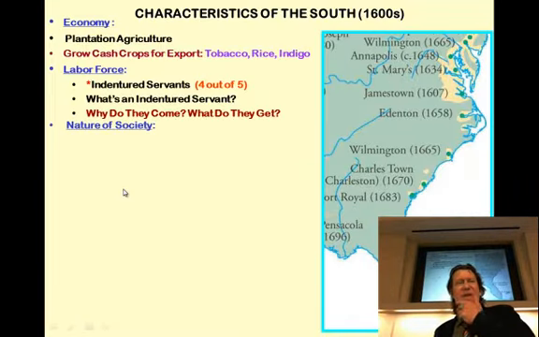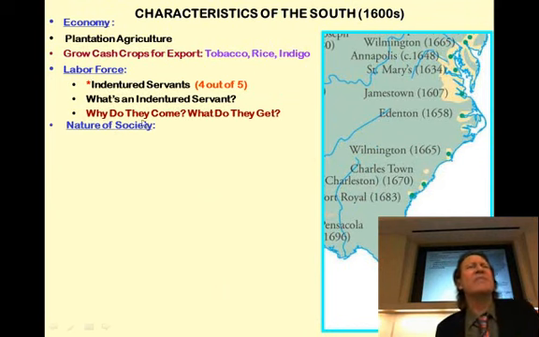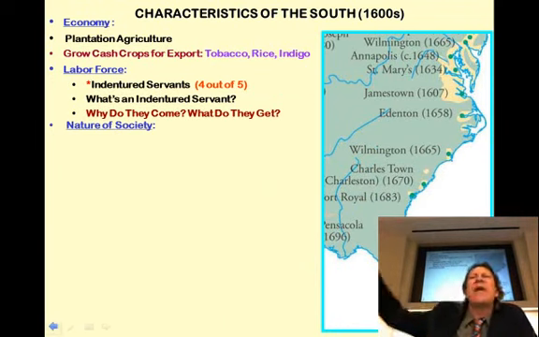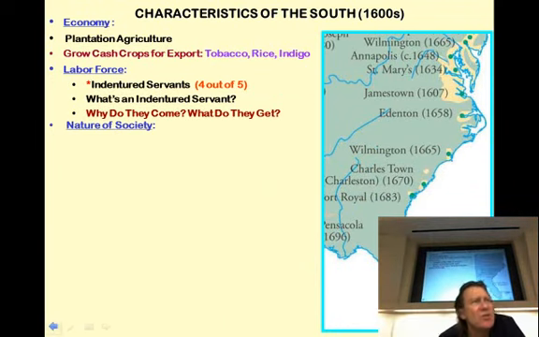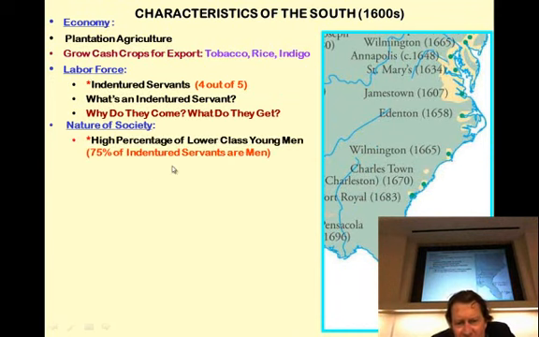Now, the nature of the society that takes form because of this: you're bringing in an army, overwhelming and outnumbering everybody else, an army of these young, low-class men. Look what you've done. A high percentage of them are these, again, young peasants seeing no other opportunity.